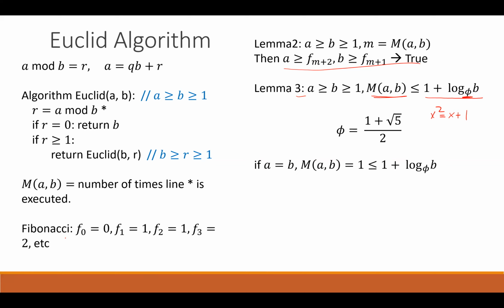So Euclid's algorithm runs in about log of n time, right? That's the claim. If a is equal to b, then M(a,b) is 1, right? We only make a single call to this mod function. This 1 is less than 1 plus log base phi of b.